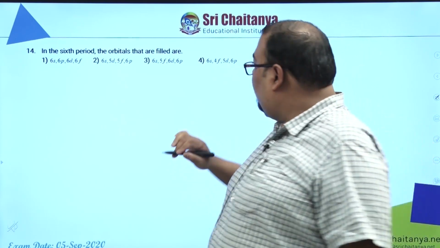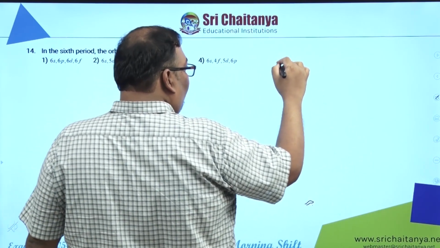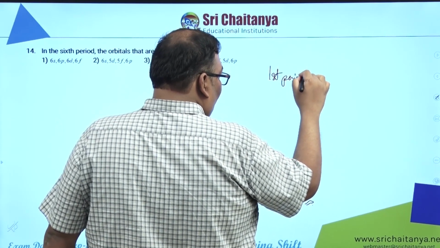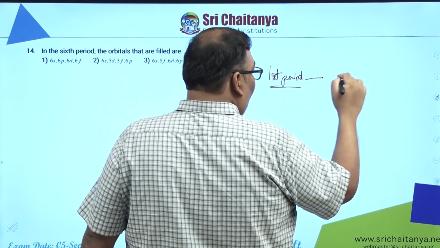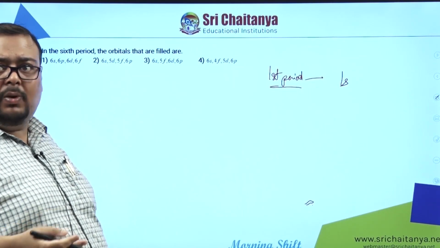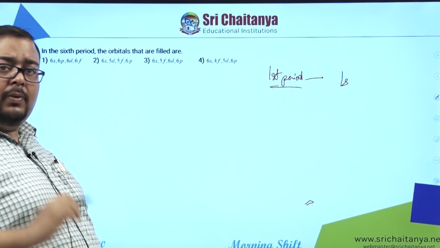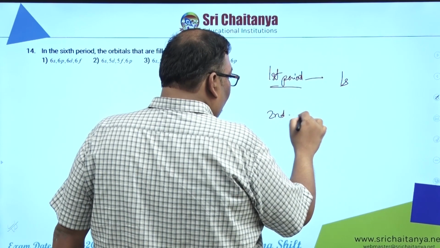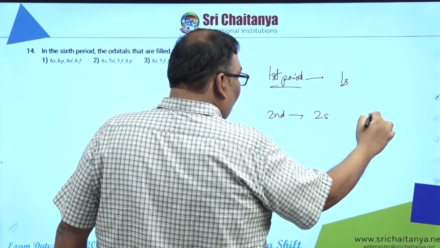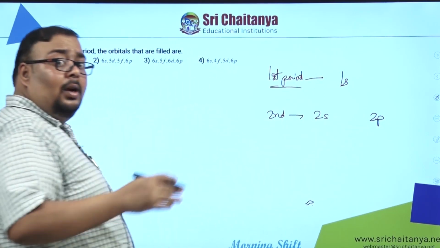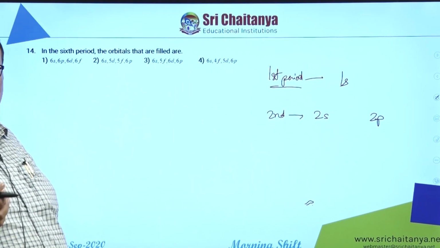Okay, so if I am talking about the first period, it will be starting with 1s and it is ending with 1s because there is no p orbital for n is equal to 1. But you see, suppose we are talking about the second period, it will be starting with 2s and it will be ending with 2p. Okay, similarly third period, it will be starting with 3s and ending with 3p.